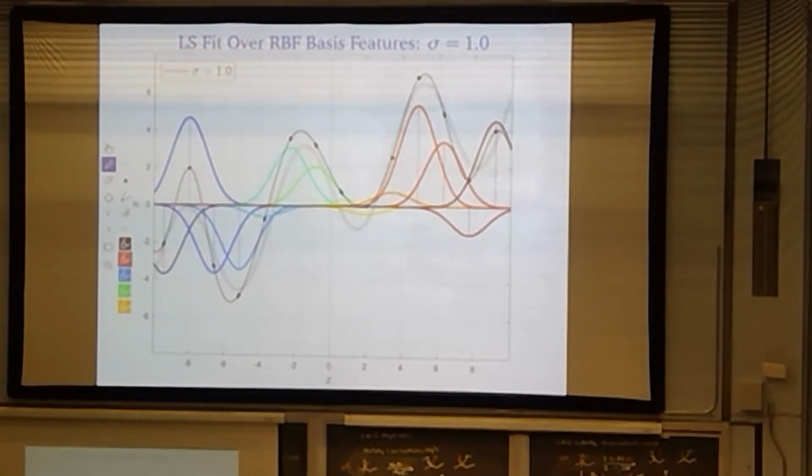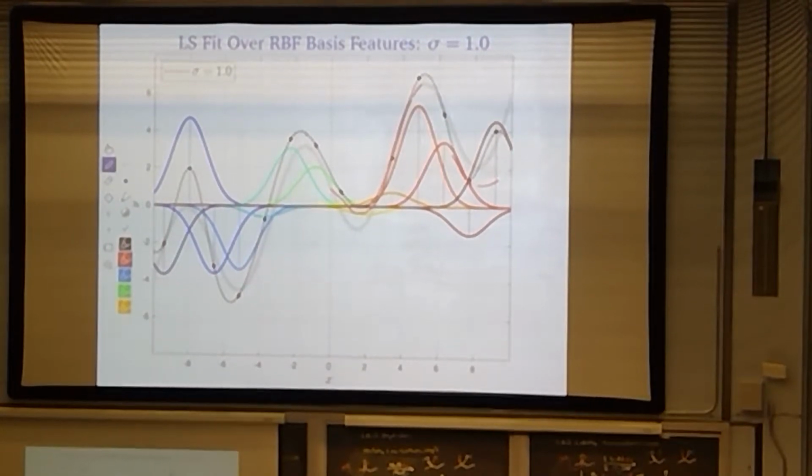At sigma equals 1, like what we have seen from the fixed location RBF features, the results have improved quite a bit. Especially, you can see in this region, the dotted line follows the light gray underlying model fairly well.